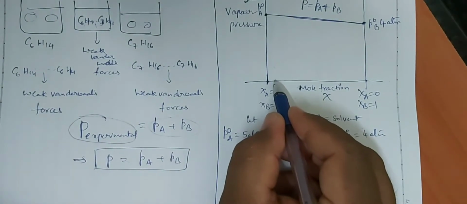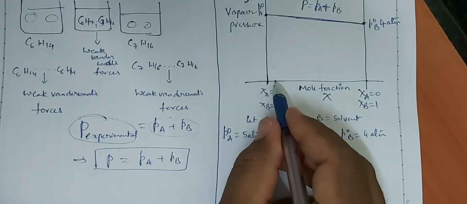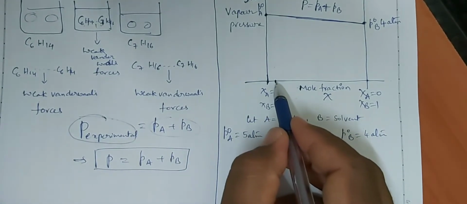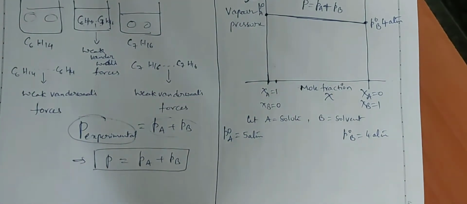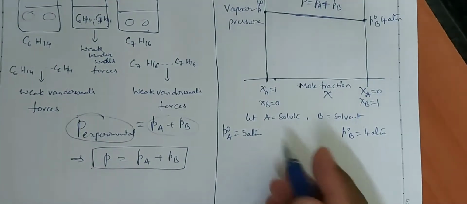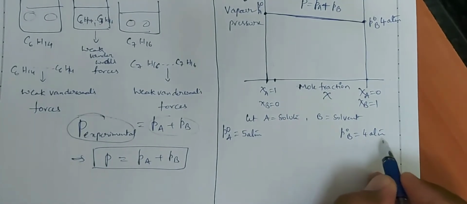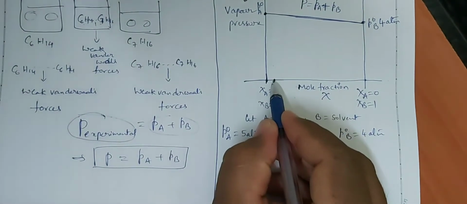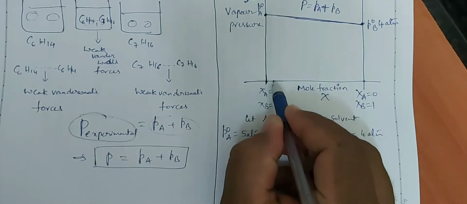Here I am going to prepare one solution at this point. Observe correctly. P naught of A is equal to 5 atmospheres, P naught of B is equal to 4 atmospheres. I am going to consider one point in between solute and solvent. This is the solution.